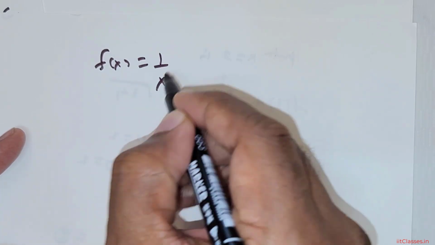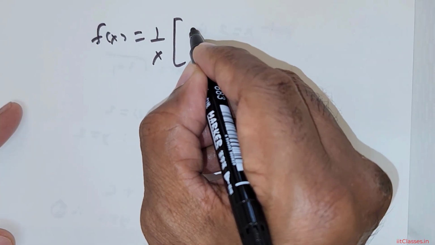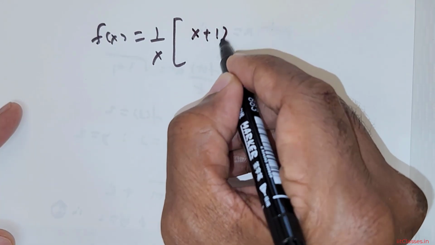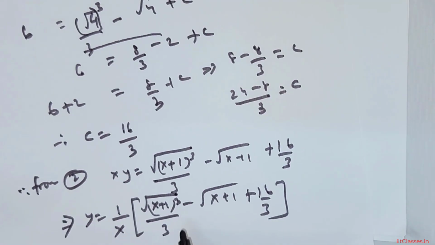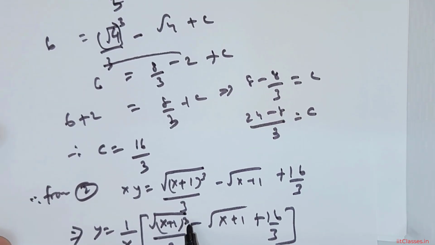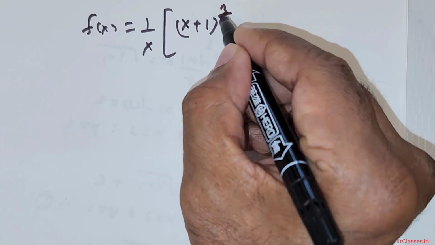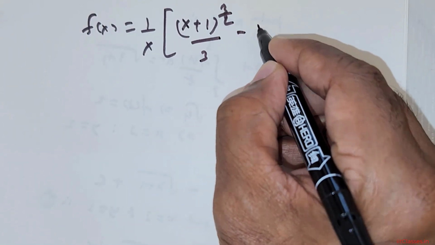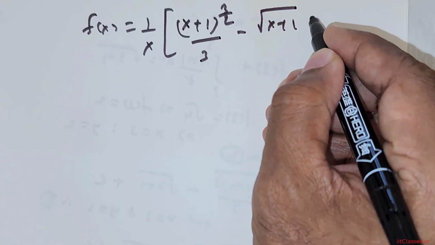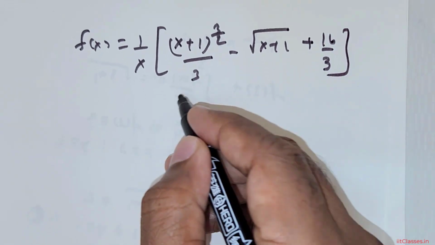So f of x is equal to 1 over x of, you can write this as x positive 1 raised to the power of 3 over 2, whole cube. So I can just write 3 over 2, divided by 3 negative root of x positive 1 positive 16 over 3. This is what you got.